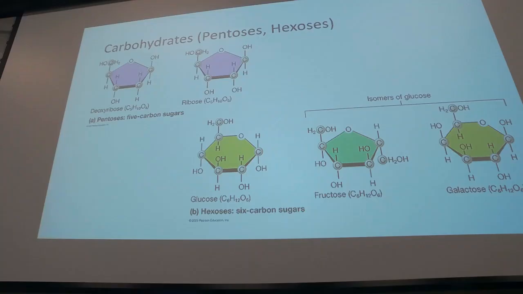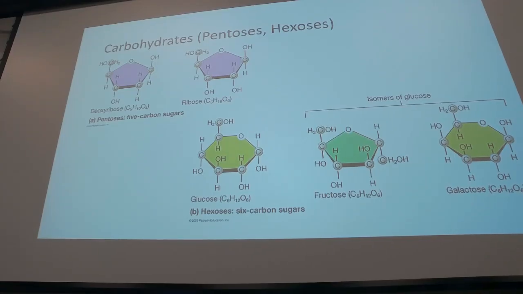Then for ribose, which is the pentose of RNA, you have 1, 2, 3, 4, 5 carbons. So you have C5, you have 10 hydrogens, and you have 5 oxygens. So the difference between this deoxyribose and this ribose is the lack of this oxygen attached to this carbon in here. That's why it's called deoxy. D without oxy, without oxygen.